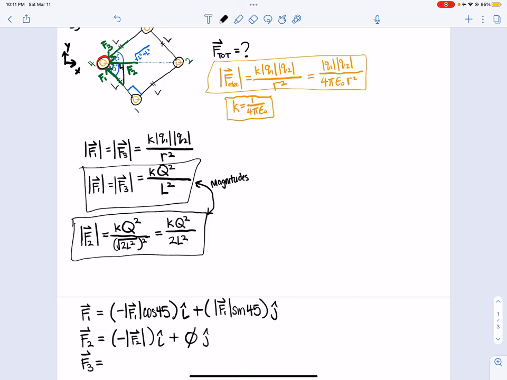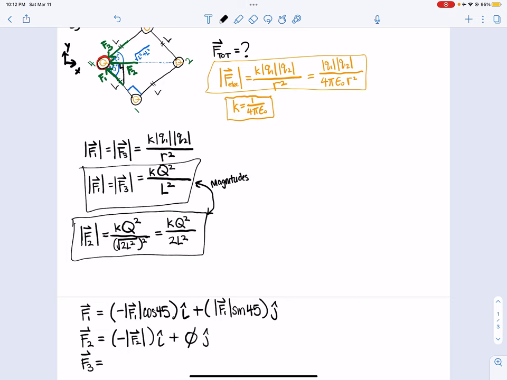All right, so let's start with the x component for F3. Obviously, the x component is also pointing in the negative x direction, or negative i hat. And the y component for F3 is pointing down in the negative j hat direction. Okay, so let's write that down.